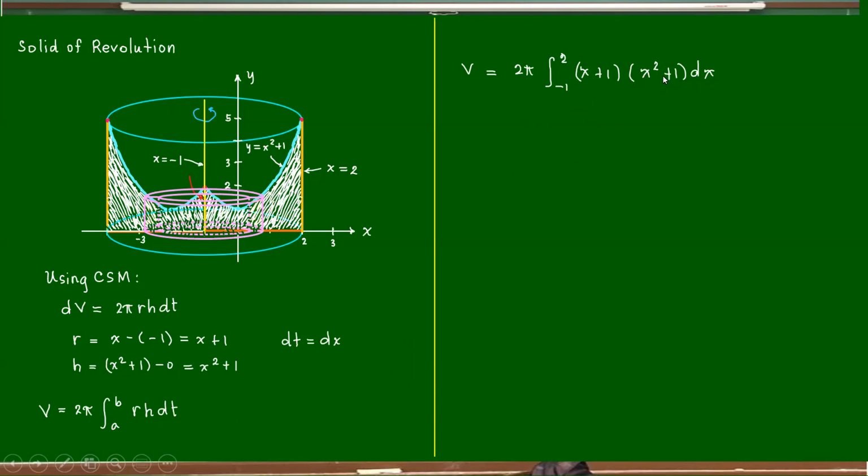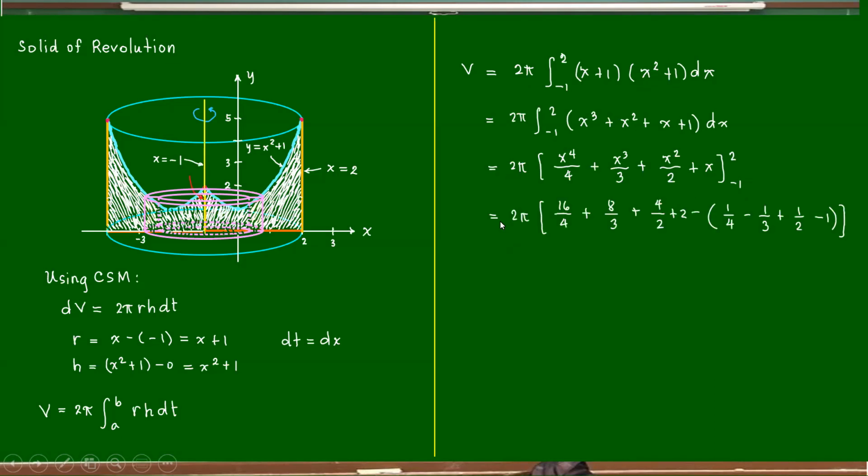So let's multiply this integrand. We get x cubed plus x squared plus x plus 1. Integrating, getting x to the 4th over 4, plus x cubed over 3, plus x squared over 2, plus x, evaluated from -1 to 2, then multiplied by 2 pi.